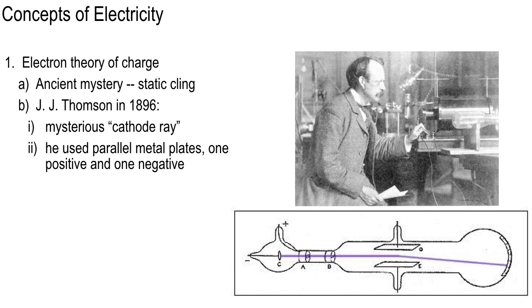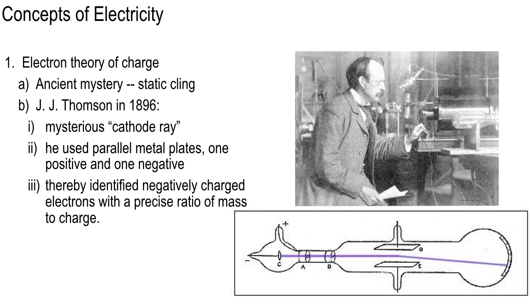They knew that. And so he said, if I make one of my plates up here positive and one down here negative, and if I send my cathode ray between them, it's going to dip upward or it's going to dip downward. And if I can observe which way it dips, I'll be able to figure out if my cathode ray is a positive or a negative. And that's what he did.